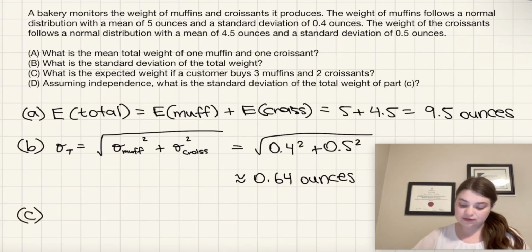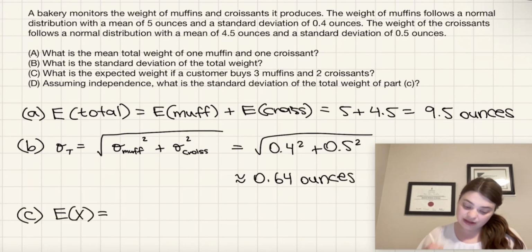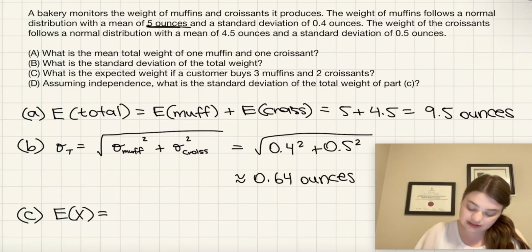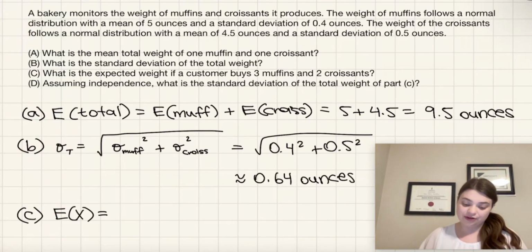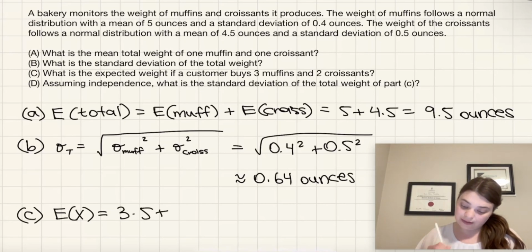What is the expected weight if a customer buys 3 muffins and 2 croissants? So in this case, we expect that each of the 3 muffins will be 5 ounces. That's our expected value, our average value. And since there's 3 muffins, I'm going to do 3 times 5 plus 2 croissants.